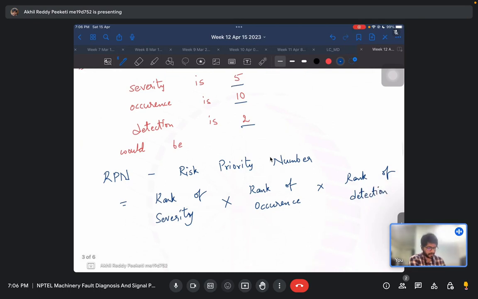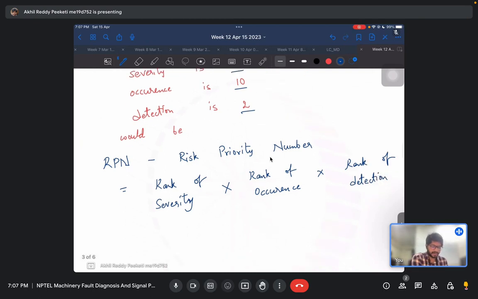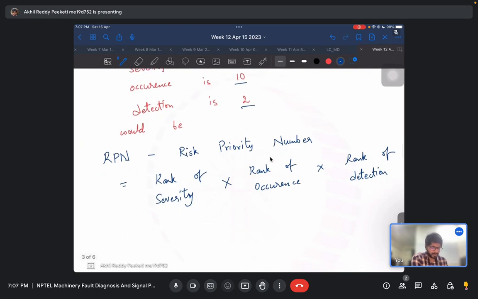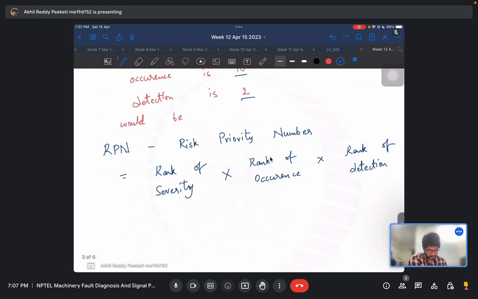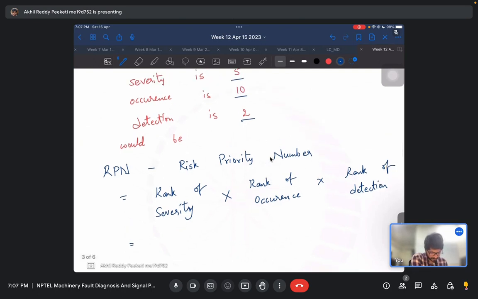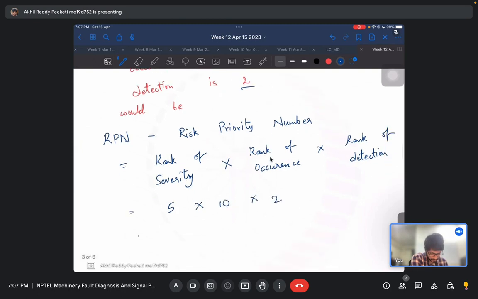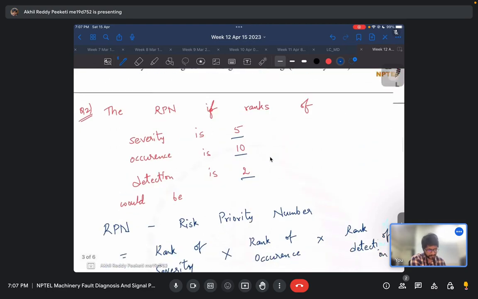How severe it is, how frequently it occurs, and the rank of detection: if it is very easy to detect, it will have a low rank, and if it is very hard to detect, it will have a high rank. So here it would be 5 into 10 into 2, which is 100. So the RPN in this case is 100.